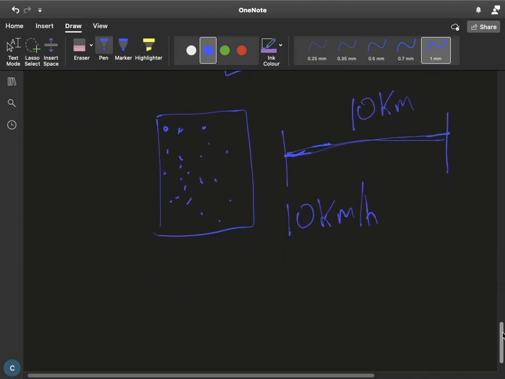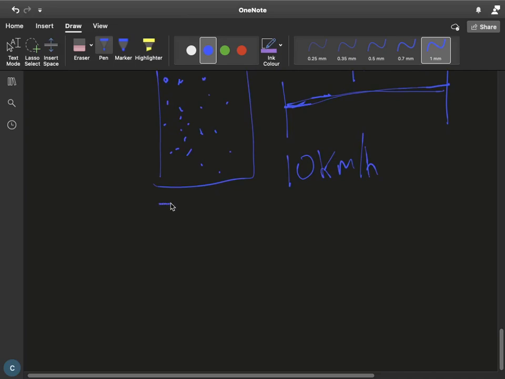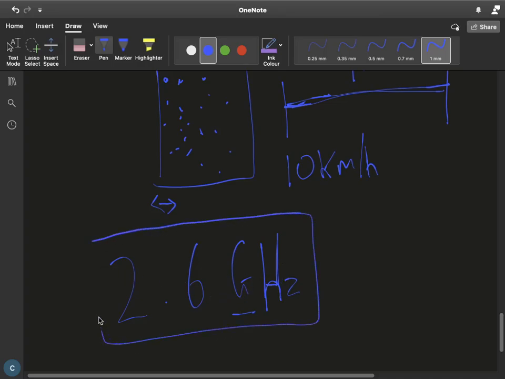once we appreciate the distance of these things, we can realize now that actually this 2.6 gigahertz, and giga means billion, and hertz is a frequency effectively. So that means that this CPU is doing 2.6 billion calculations per second.